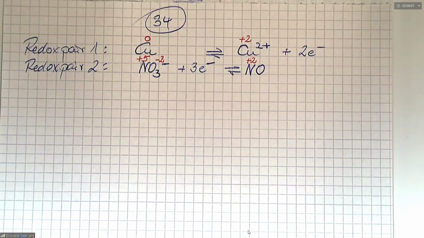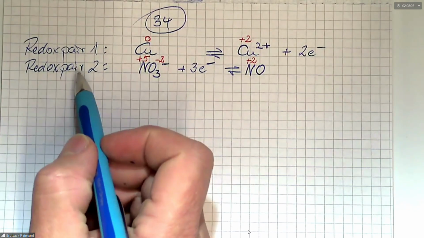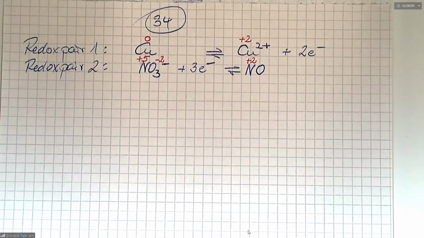So we have to balance the second pair, and therefore we are in an acidic environment because we added HNO3, which is an acid as well. It's not only oxidizing, it's even an acid. So what could be the idea to balance the charges in an acidic environment? First of all, add the H+ ions. How many do we need to add?